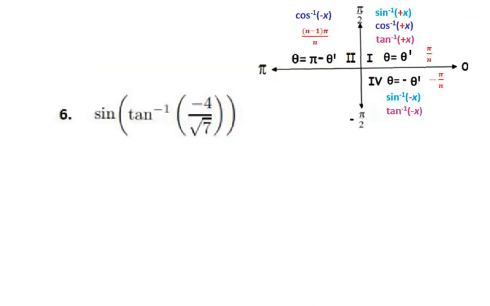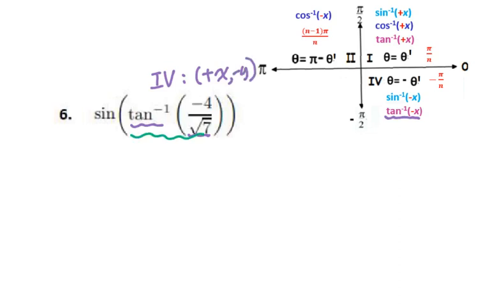Now let's go to number 6. For number 6, this is an inverse tangent, negative domain. That means go to fourth quadrant. So we got that is a positive x, negative y now.